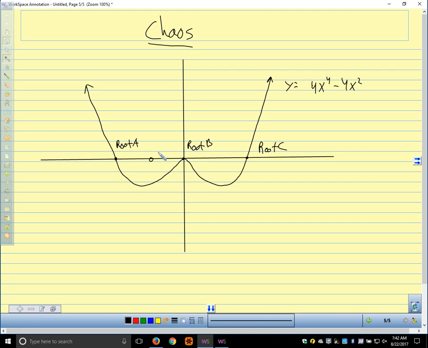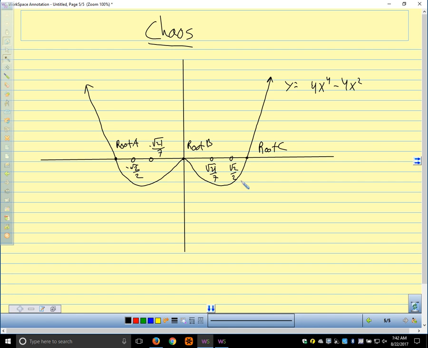So this is minus square root of 21 over 7. And this is negative square root of 2 over 2. And then these are the same, but positive. Square root of 21 over 7 and square root of 2 over 2.